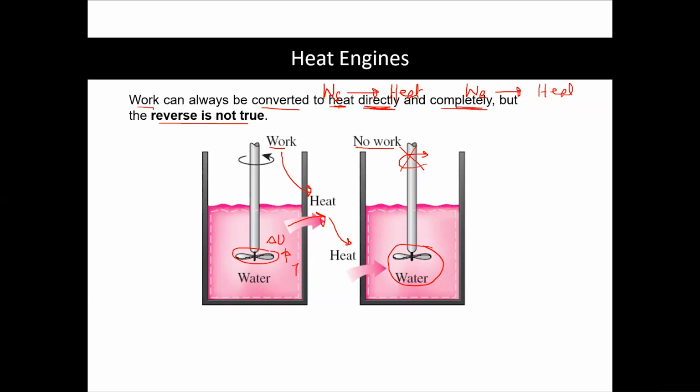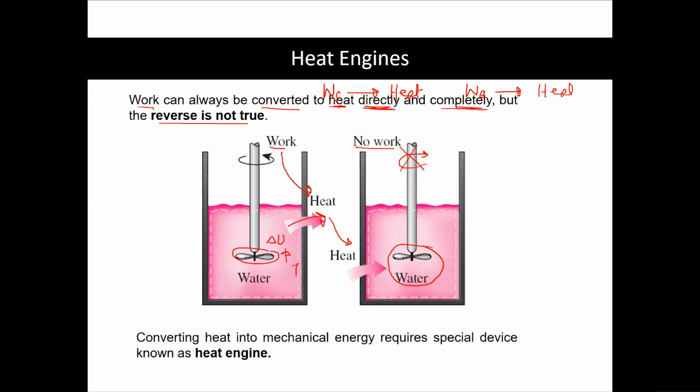Now, if this is the case, you need to have a device which would convert heat into mechanical energy, and that device is essentially known as a heat engine. So you have seen shaft work and electrical work converting into heat directly, but if you want to convert heat into electrical work or shaft work, you would need a heat engine to do this for you.